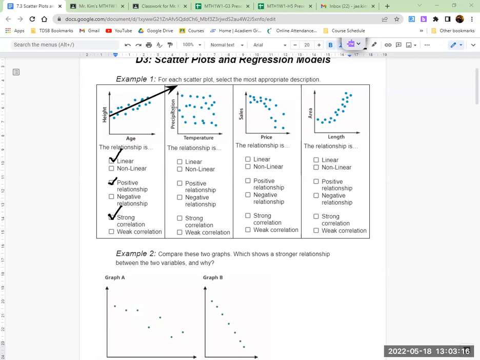Let's move on to number 4. First off, is there a relationship in your opinion? Some people say yes, some people say no. Why do you say yes? Okay, sure. So as length gets bigger, area appears to get bigger.